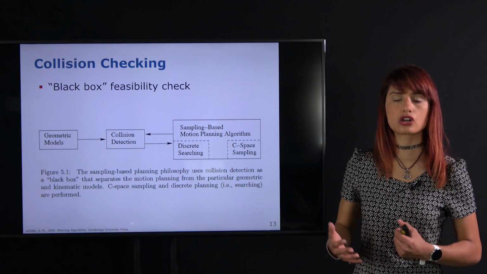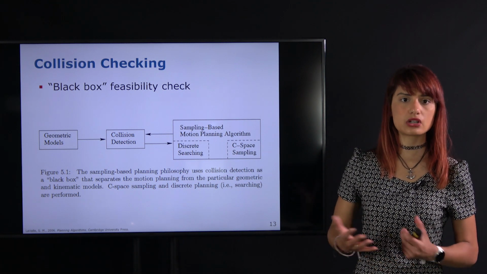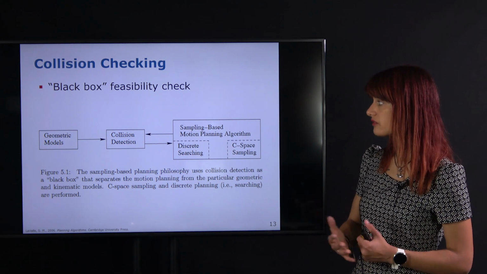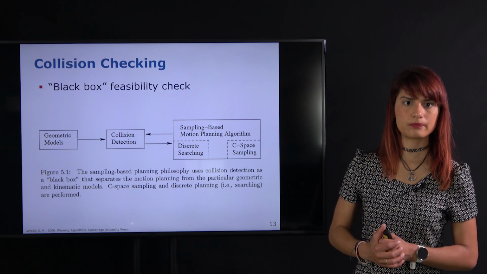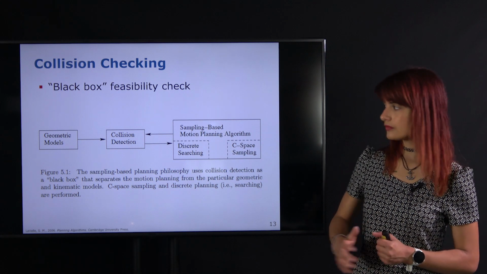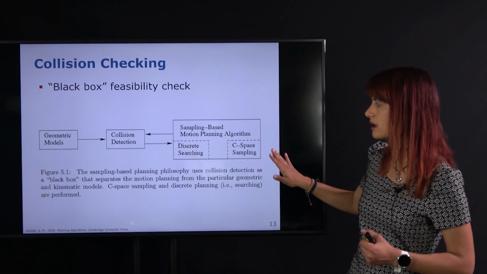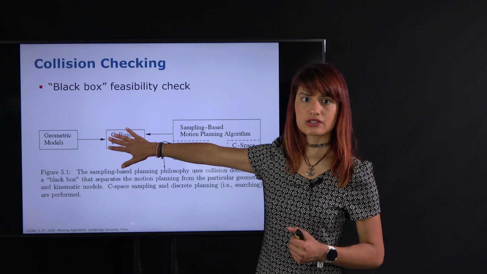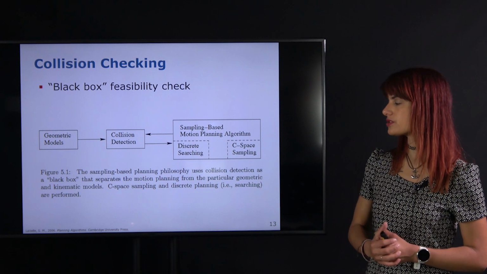So it looks at the connections between our samples or nodes and how we can connect them in order to find a feasible path between different configurations that we want to target. However, what bridges the gap between the actual search and the sampling is the collision detection or the collision checking module.